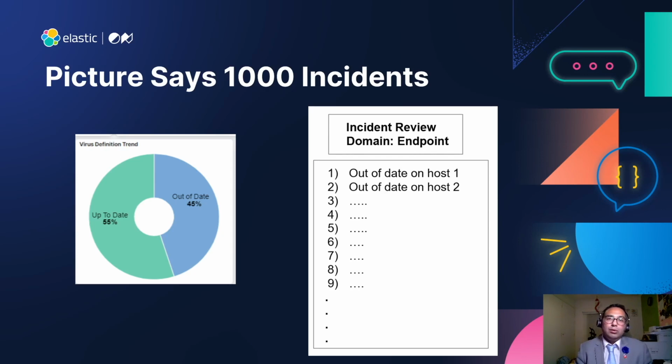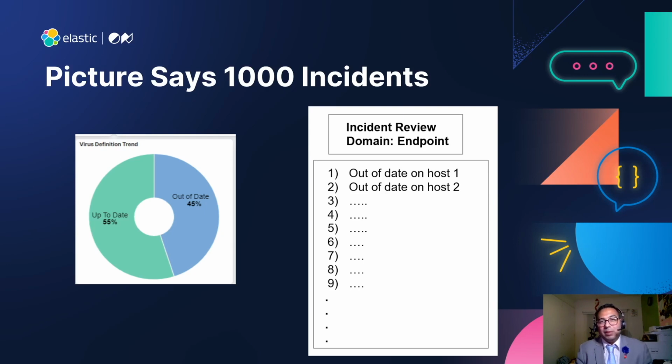If you go and look into the SIEM, you will get, okay, the virus definition is out of date on host 1, on host 2, on host 3. You may get 1,000 incidents like that. But what do those 1,000 incidents contribute to in terms of your security exposure?